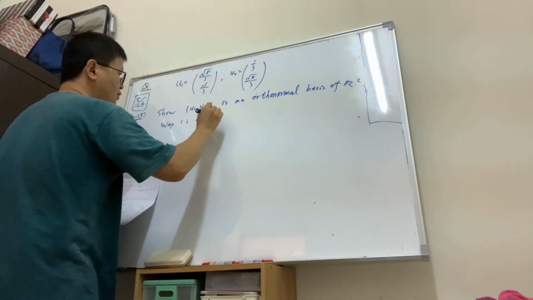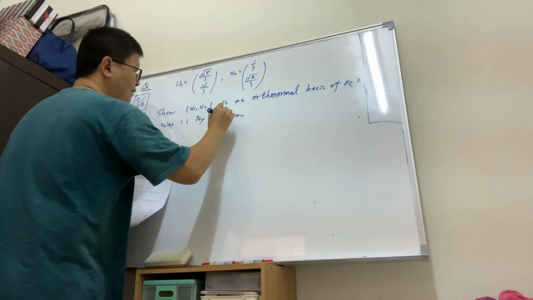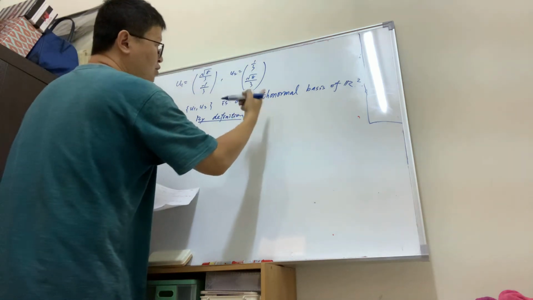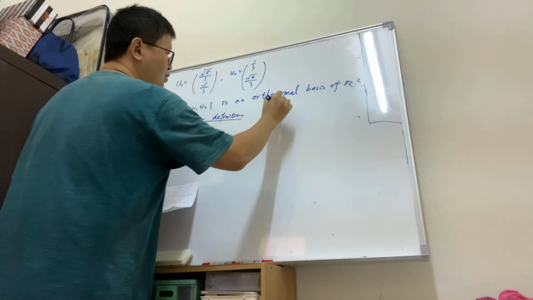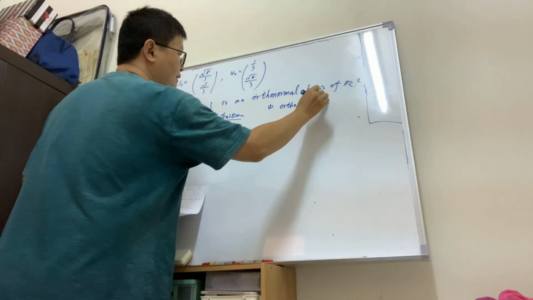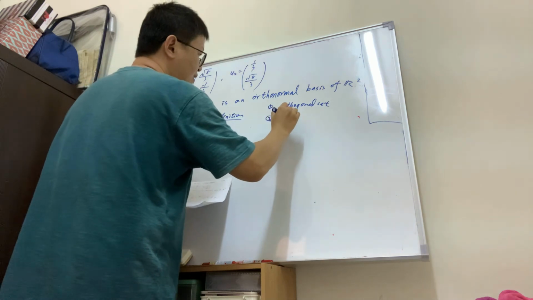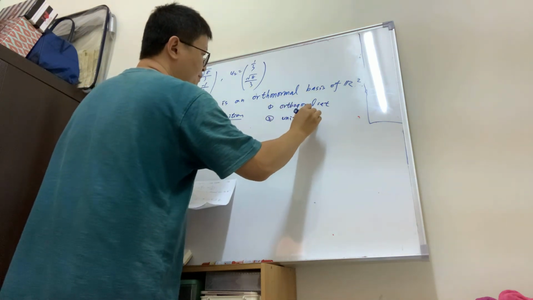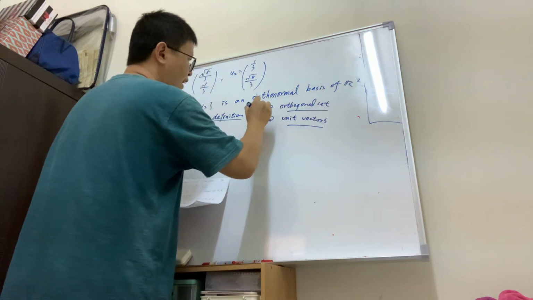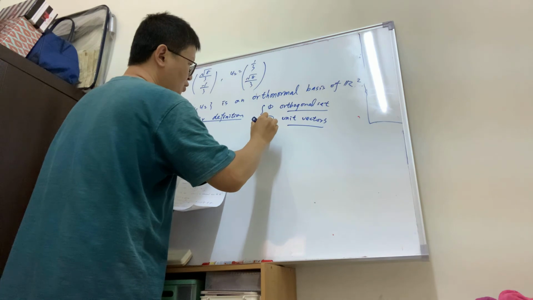By definition it means that we should show that it's an orthonormal basis. So of course it should be an orthogonal set in R2, and not just orthogonal, it should be unit vectors. So unit vectors and an orthogonal set means that they are an orthonormal set.